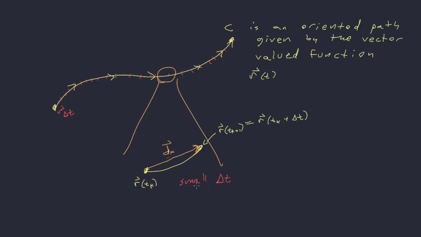Then I'm going to look at the force vector made from the vector field at this point. This would be x sub k and y sub k, or this would actually be F evaluated at r. That's often what I call this.